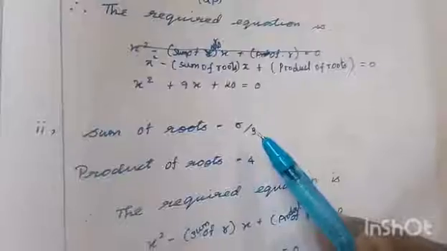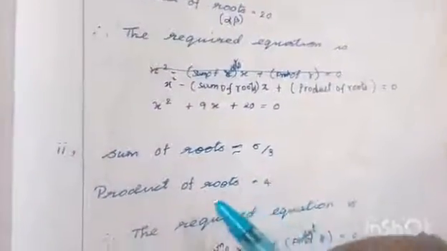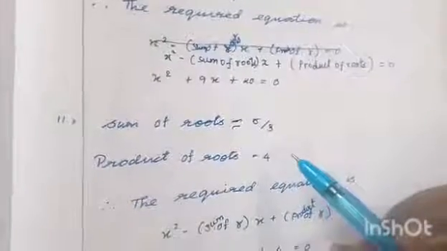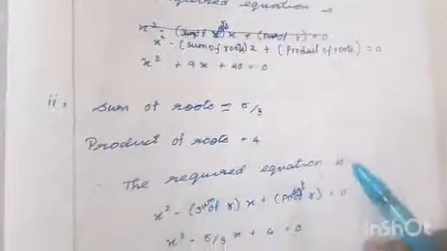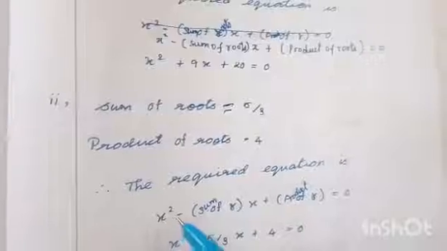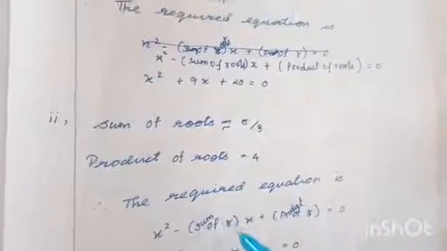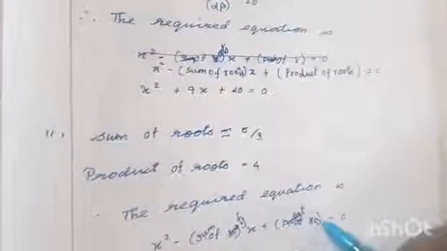The second problem, sum of roots is 5 by 3. Okay, sum of roots is equal to 5 by 3. Then product of roots is equal to 4. So the general form you have to write, that is x square minus sum of roots into x plus product of roots.